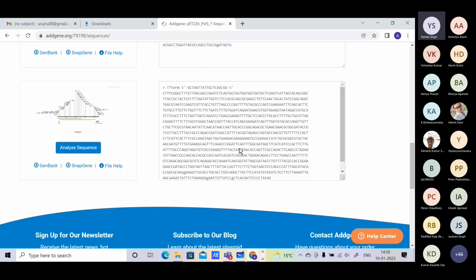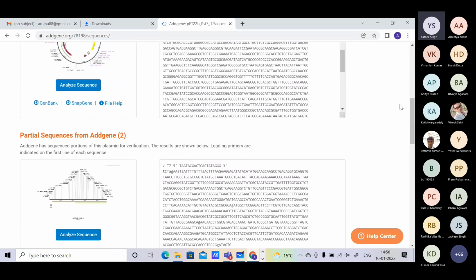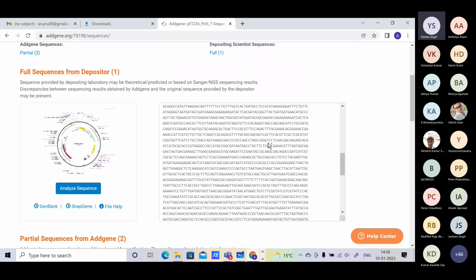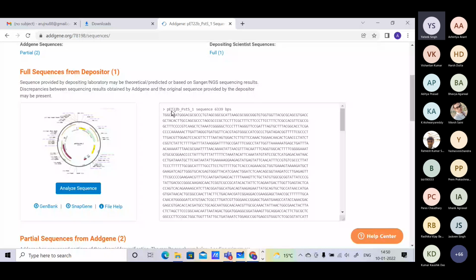These are fragmented sequences, and here is the whole sequence. This information provides you the total size of the vector, meaning how many base pairs are there. There are 6339 base pairs in this whole plasmid construct.